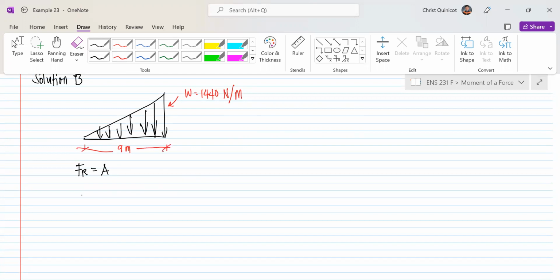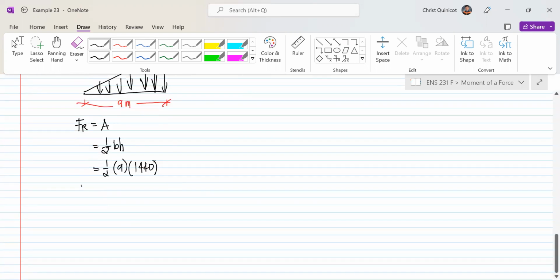So F sub r is the area of our triangle, 1/2 base times height. So 1/2 times our base, which is 9 meters, times our height, which is 1,440 Newton per meter. Base times height is meter times Newton per meter, which is Newton, right?